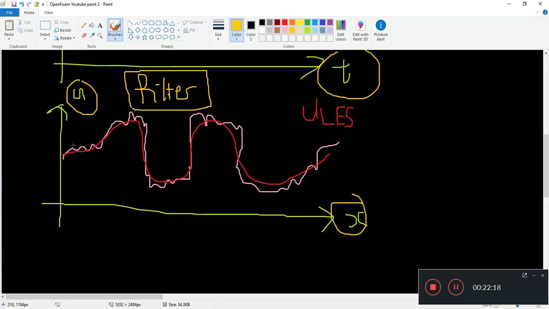And then you have this pink colored velocity profile, and then you do some averaging over the whole thing, and you have this smooth red colored velocity profile, which will become the u bar that we are looking for. This is what it might look like visually.